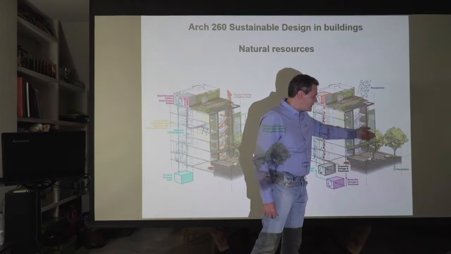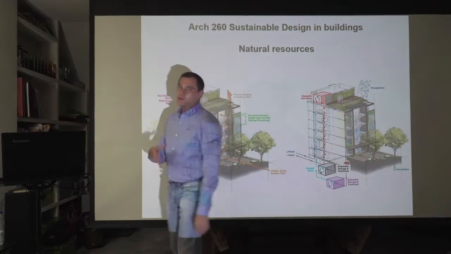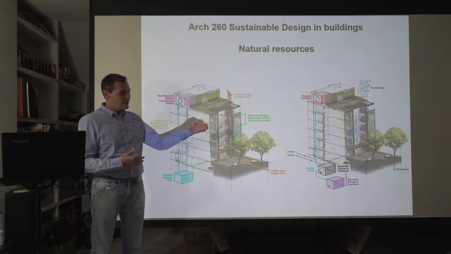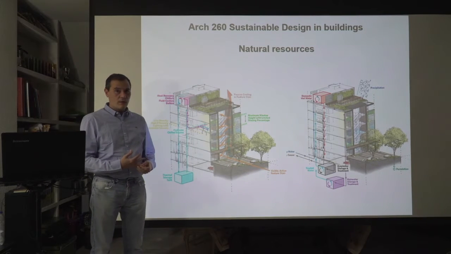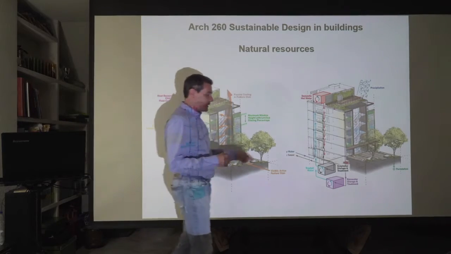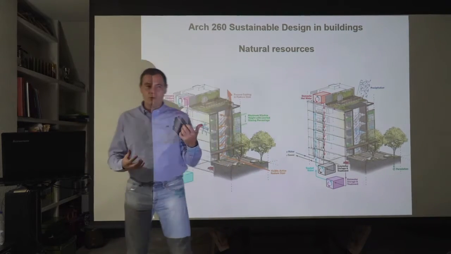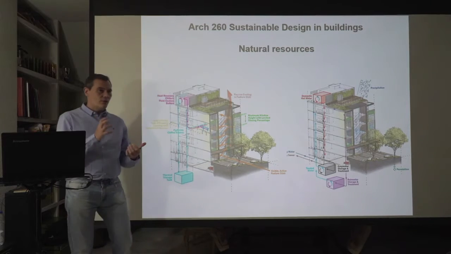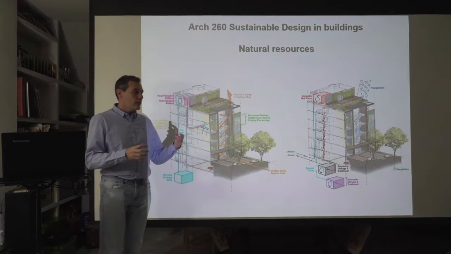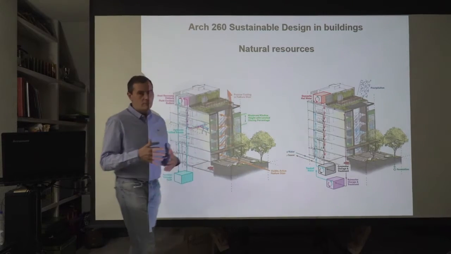So if we have a large area of glass, we can use trees to provide this glass area with shade in summer. In winter, most likely, the trees will lose their leaves and it will allow the sun to enter. So we can use the sun energy to heat up buildings in winter, and we can use trees to provide buildings with shade in summer.